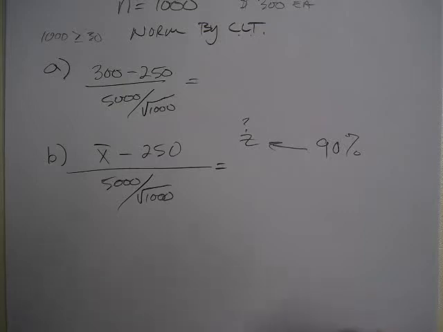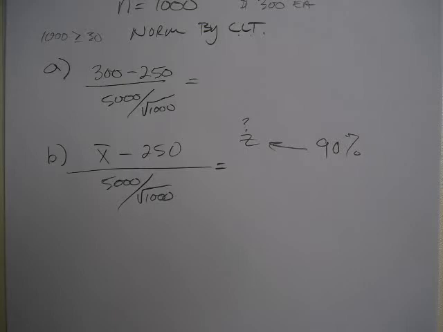Basically what they're saying is we want to make sure that 90% of the time our $300 will be within the amount that we expect to lose. So what is that value where 10% of the time we'll lose money and 90% of the time we'll make money? Does that make sense?